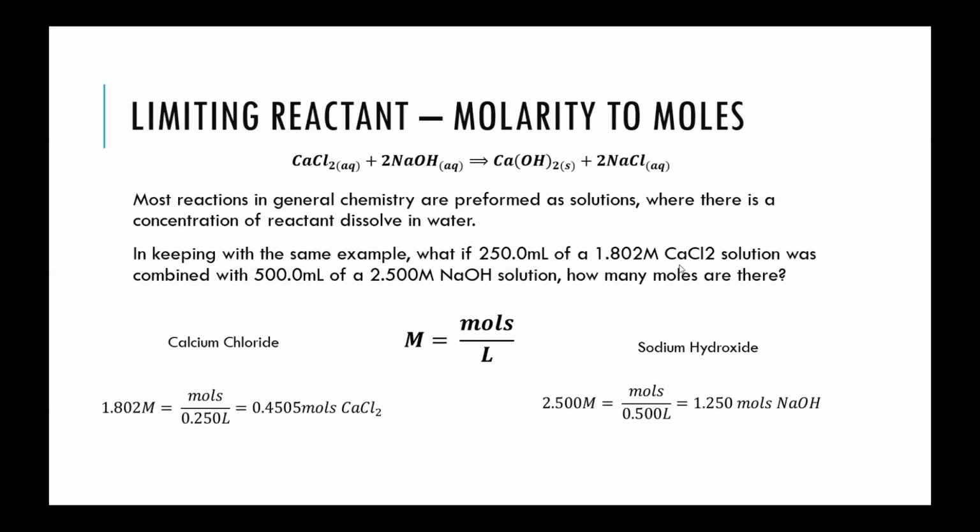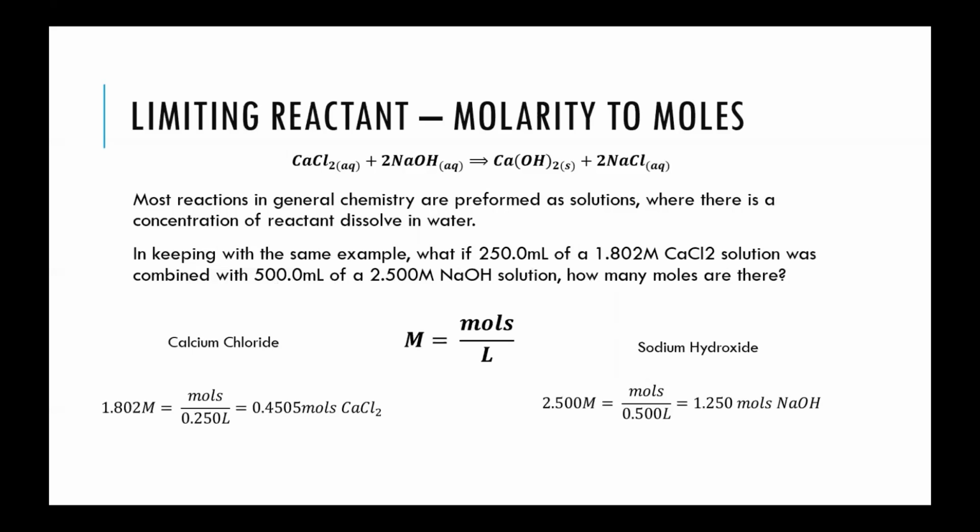So with the same example, if 250 milliliters of a 1.802 molar solution of calcium chloride was combined with 500 milliliters of a 2.500 molar sodium hydroxide solution, you still have to go about finding how many moles there are of each component.